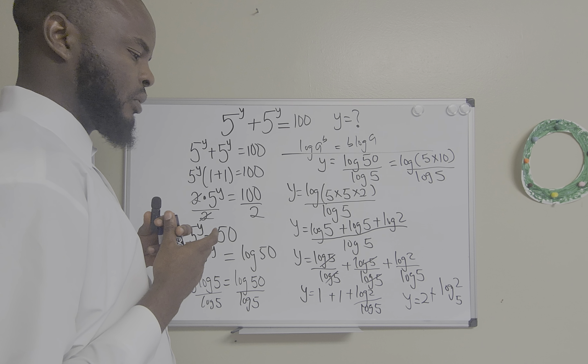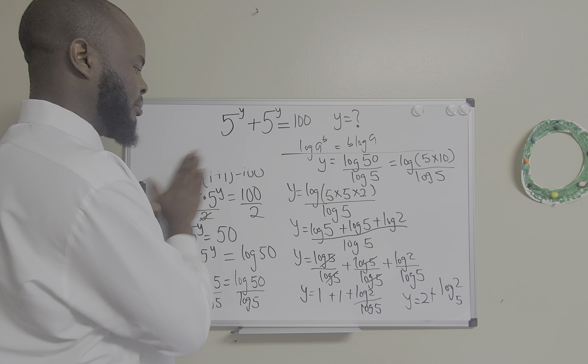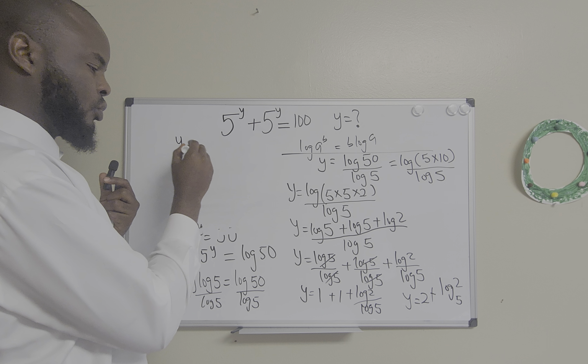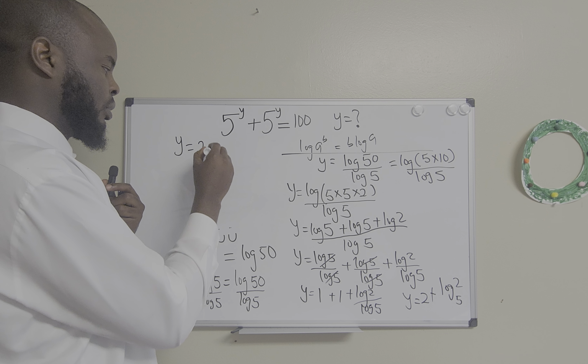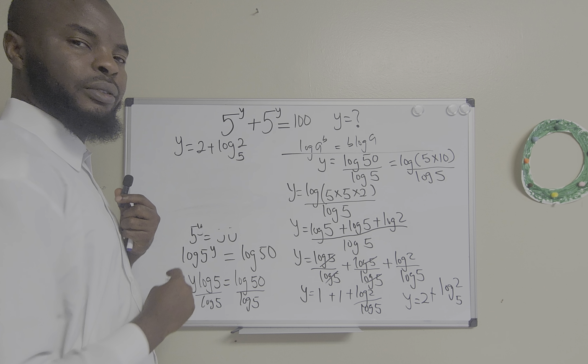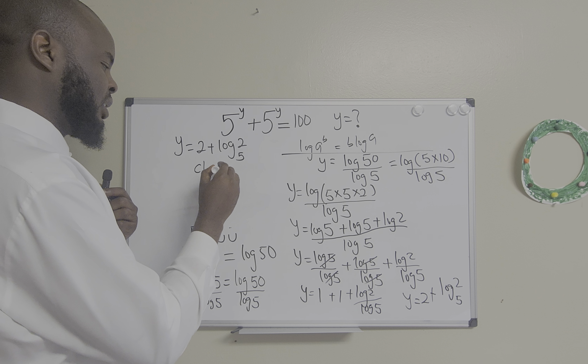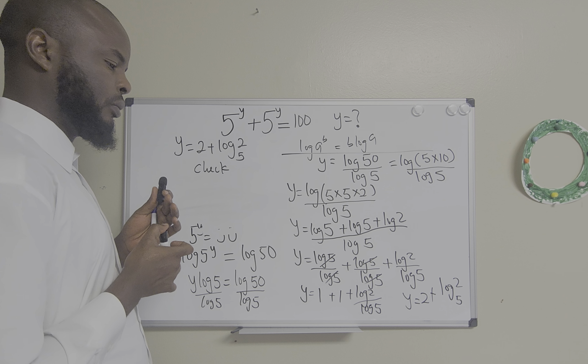Now, you can be a little bit skeptical about this, and you would want to confirm if this is true. Recall that here I have my y equal to 2 plus log 2 base 5. Now let's check if this is going to be equal.